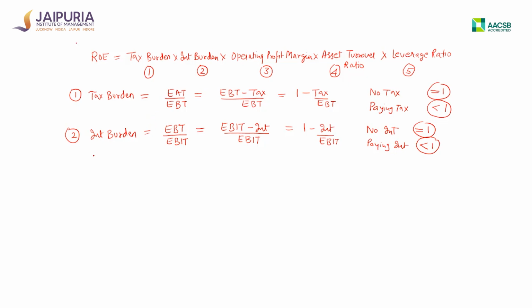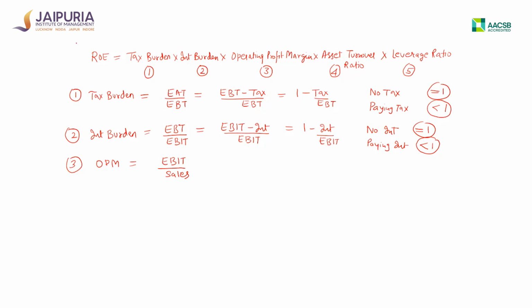Now coming to the third component, that is OPM, operating profit margin. As the name suggests, this ratio tells us how efficiently the core business generates profit from sales. The formula is EBIT upon sales.